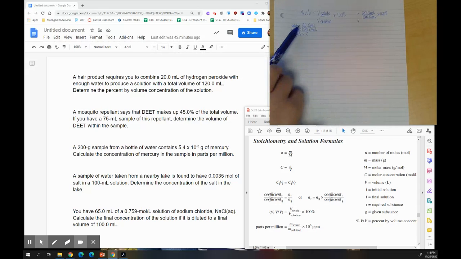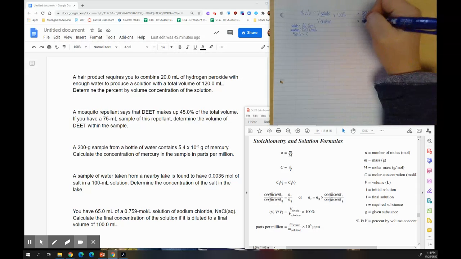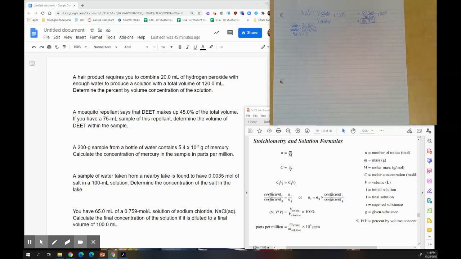If we look back to the values we were given in the question, 20.0 milliliters is 3 significant digits. The solution, 120.0, is 4 significant digits. So my answer should be to the least number of significant digits, which is 3. I'm going to round that 16.6 repeating to 16.7%. So there's my final answer for that question.